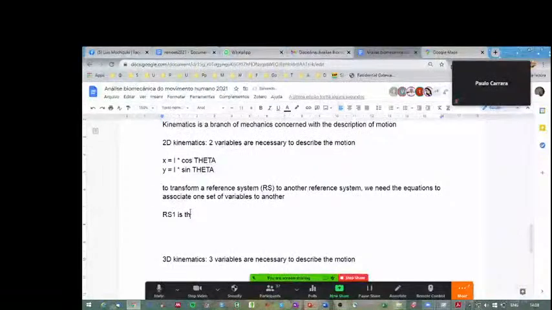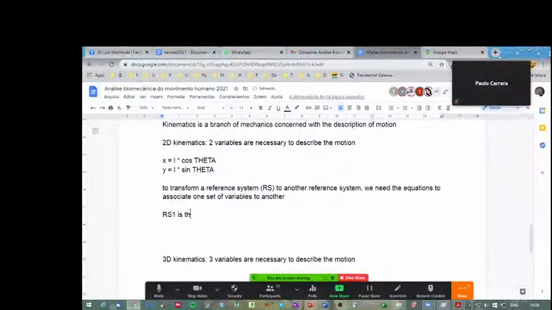Okay, so if you apply this equation, if you know theta and you know L, then you're going to know x. This is what we call the importance of the transformation equation.